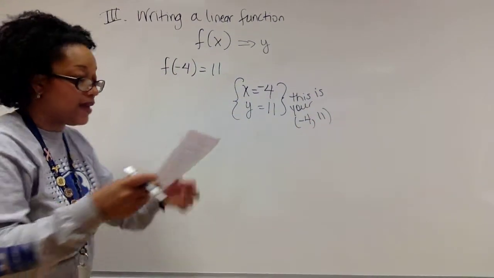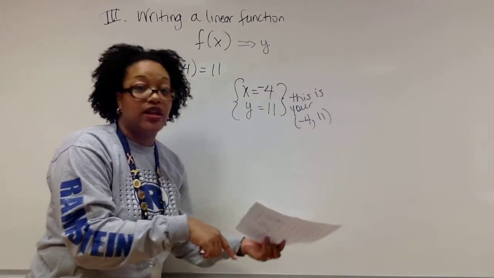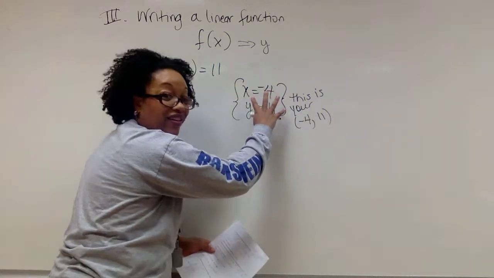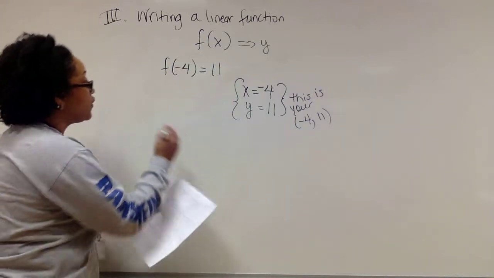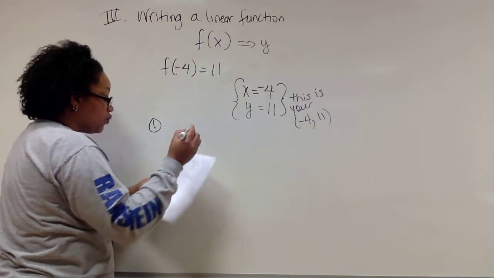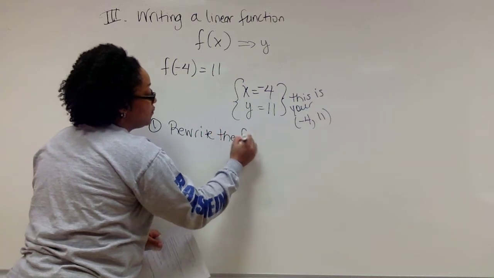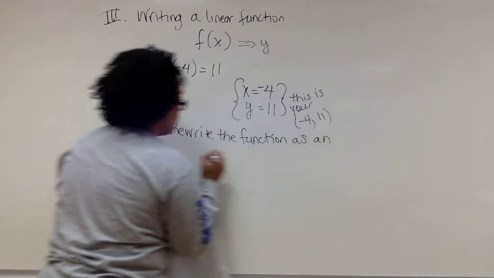So the first step, if we want to write, because remember, you have to write the function like a linear equation. So we got to go from this to y equals mx plus b. So the first thing that we're going to do is rewrite the function as an ordered pair.